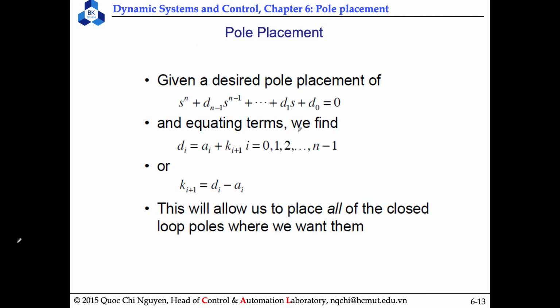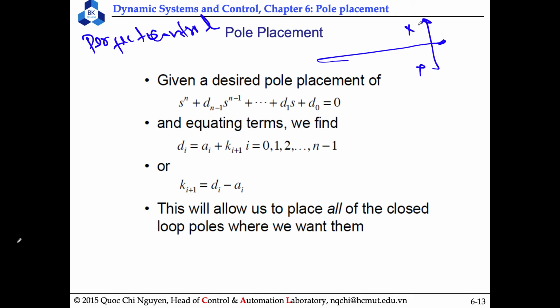Okay, and let's talk about the theory behind it, about the dominant pole. For perfect control, we need the system to have two dominant poles. These dominant poles come from the desired response, right?